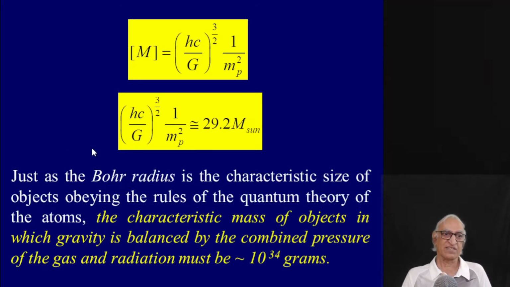Therefore, Chandrasekhar said, just as the Bohr radius is the characteristic size of objects obeying the rules of the quantum theory of atoms, the characteristic mass of objects in which gravity is balanced by the combined pressure of the gas and radiation must be approximately 10 to the power 34 grams. Beautiful argument. So now we know why the happening of stars occurs only in an incredibly narrow range of masses.